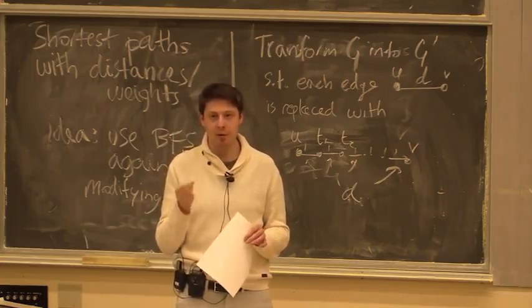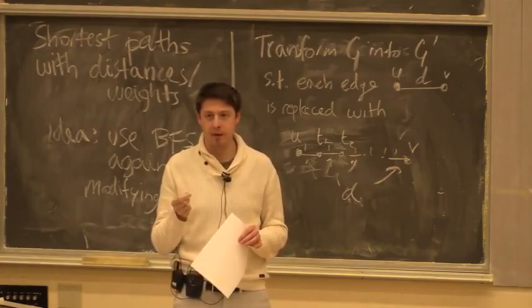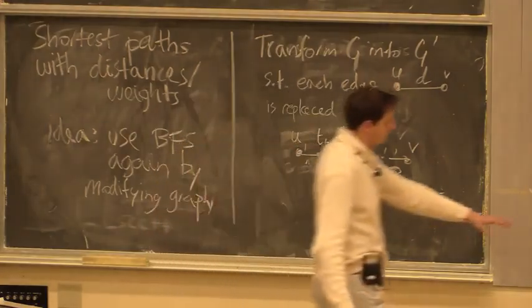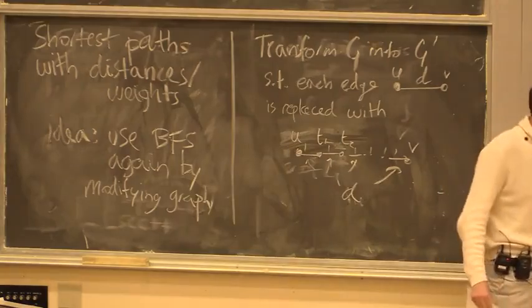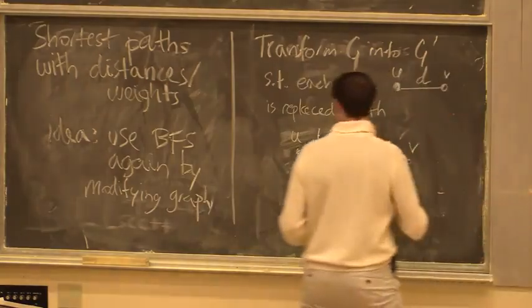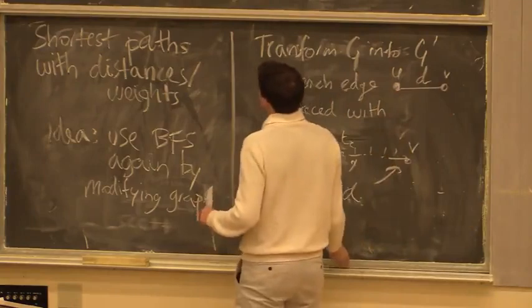Is this algorithm in polynomial time? Clearly BFS was in polynomial time on its own. It was order of n plus m, right? The new running time, so let's write it here.